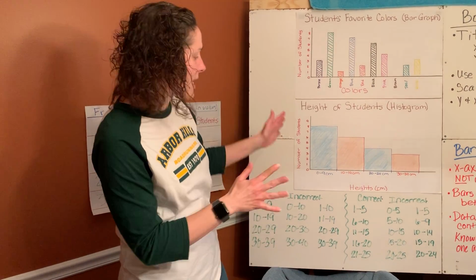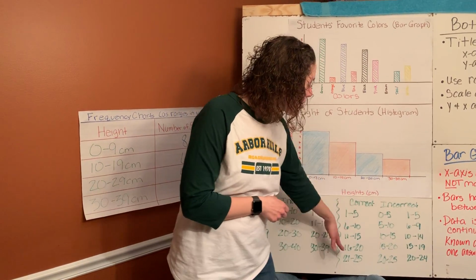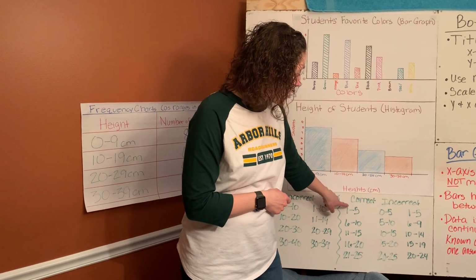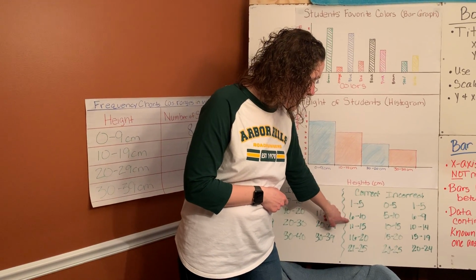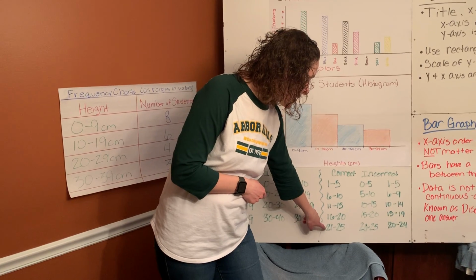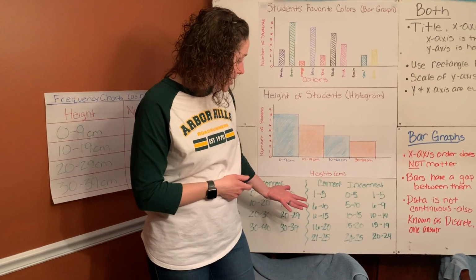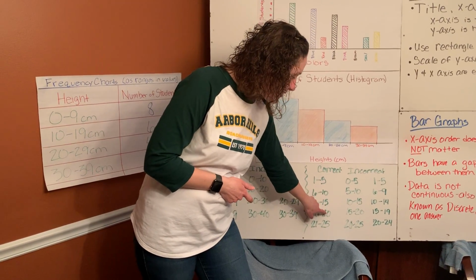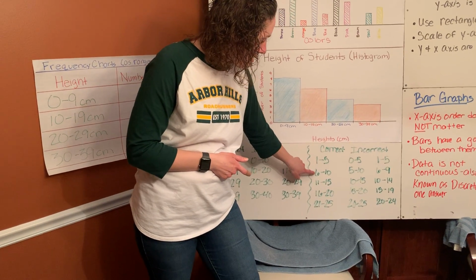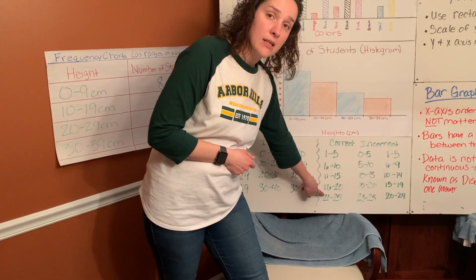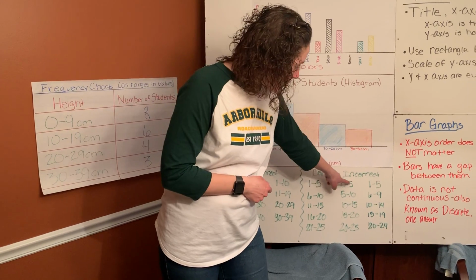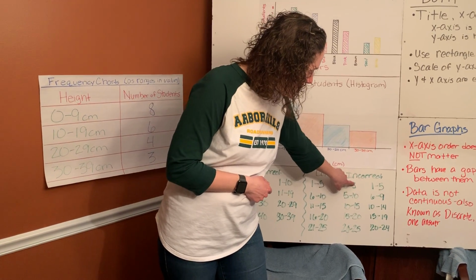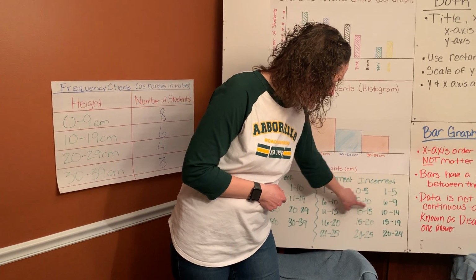Okay, so here's one more set of hypothetical data. Here would be correct if I'm counting by 5s, like 1 to 5, 6 to 10, 11 to 15, 16 to 20, and 21 to 25. Those would be correct. I see a pattern of 5s here. I also see counting up by 5s here. Wrong. That same reason that this one's wrong. It goes from 0 to 5, and then 5 to 10, and then 10 to 15.